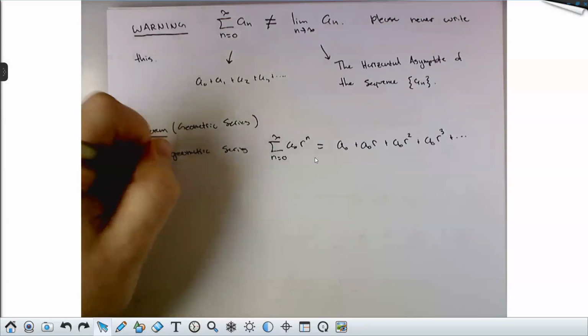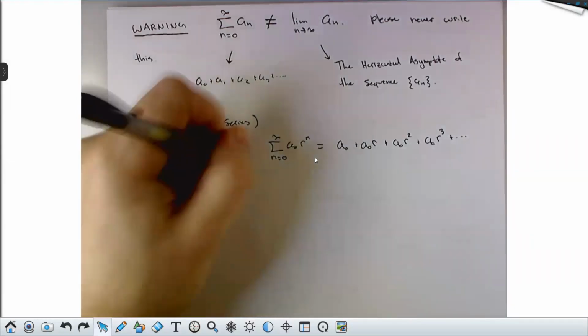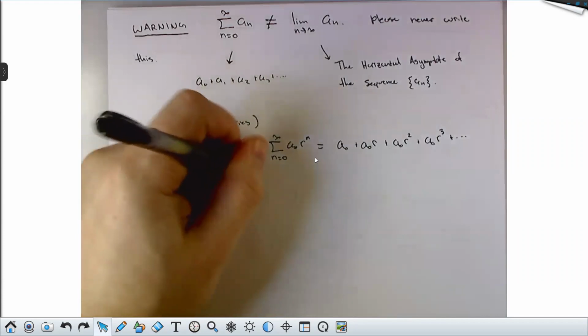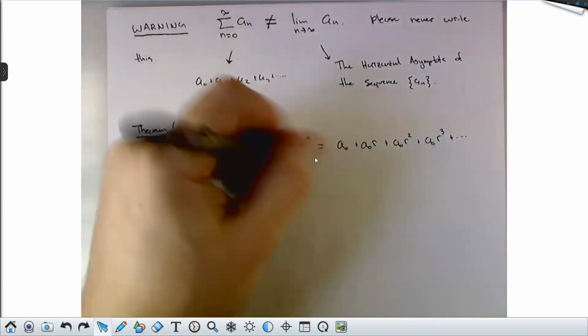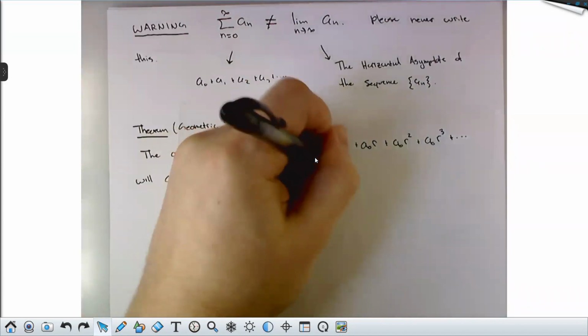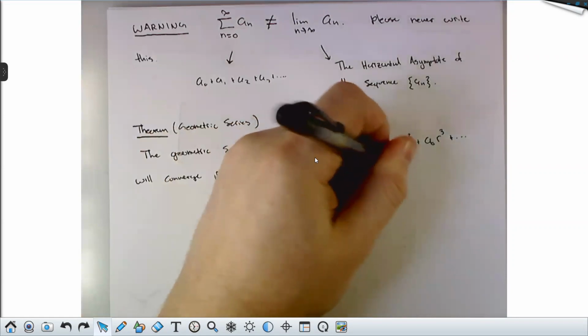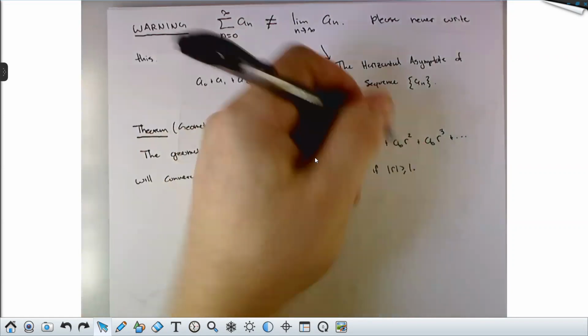These will converge if the absolute value of r is strictly less than 1, and will diverge if the absolute value of r is greater than or equal to 1.